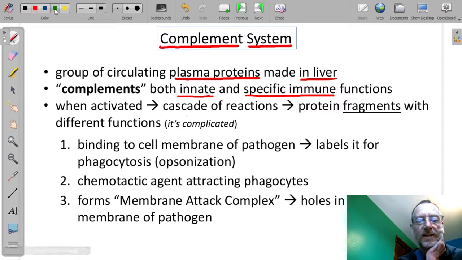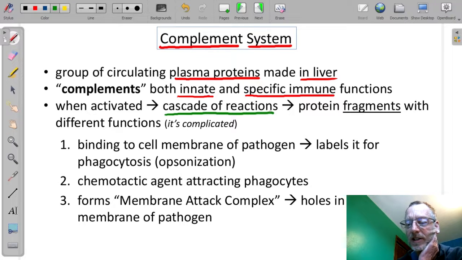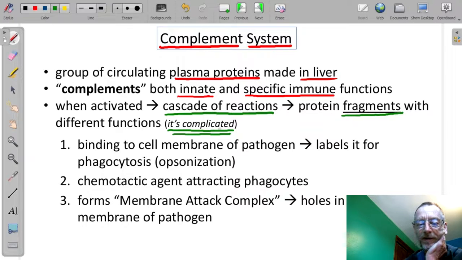It involves a cascade of reactions, which is where some of the complication comes in, and different pieces, different fragments have different functions, and we're not going to go down that path. One of the things that happens, sort of the big picture, if you will, is that these complement proteins, these complement fragments, wind up binding to cell membranes of pathogens, which labels them for destruction.